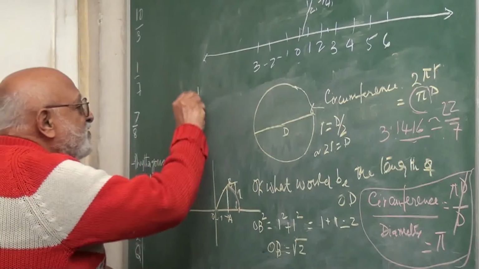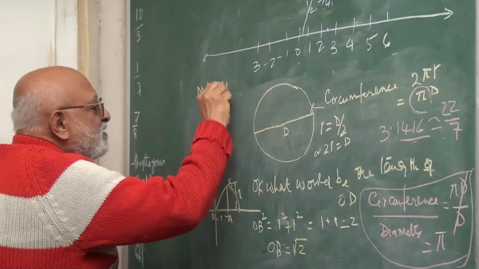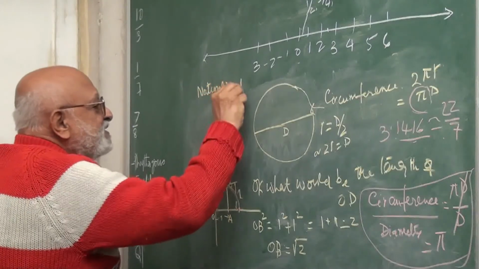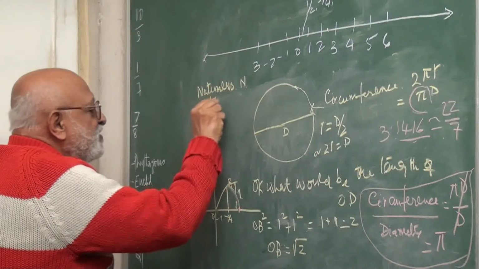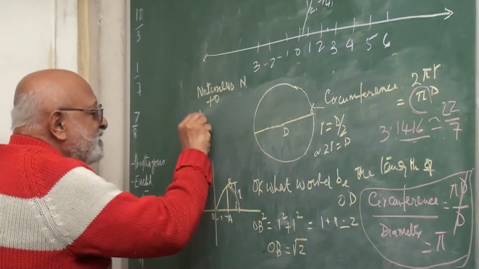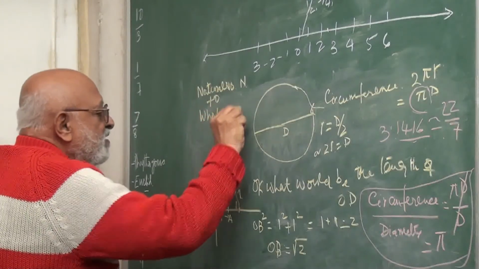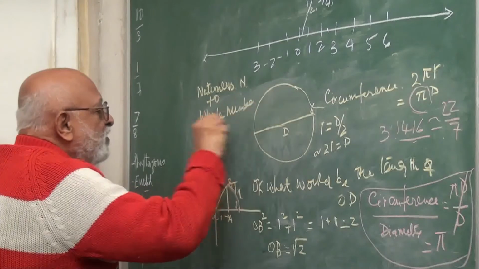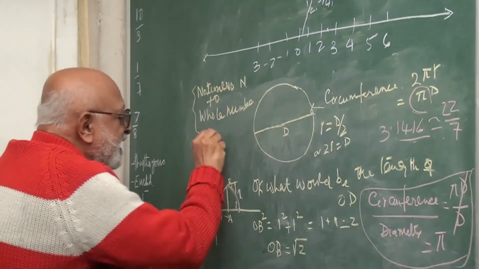First, we started with natural numbers, and that we said N. Then we added 0, plus 0. I have done it before, I am doing it again so that you get that. This gives you whole numbers. So this whole thing plus negative numbers.